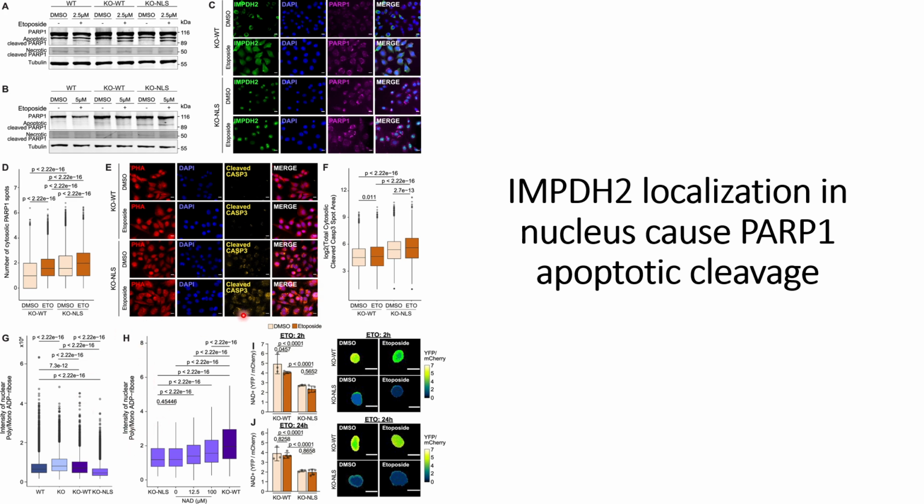They supplemented NAD plus at 0 micromolar, 12.5 micromolar and 100 micromolar in the knockout NLS samples, and they were able to recover polymono adenosine diphosphate ribose partially, but in the wild type it is still higher.